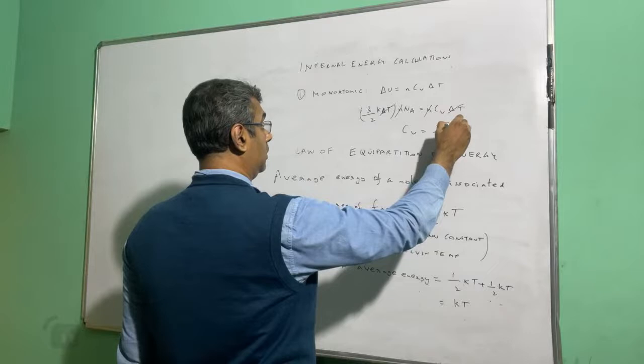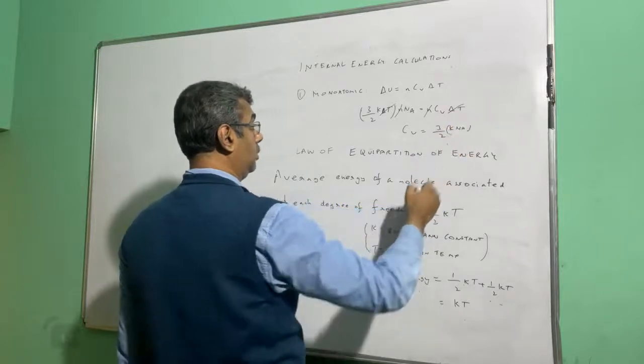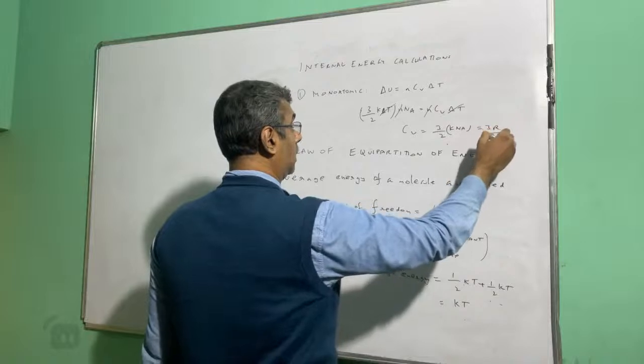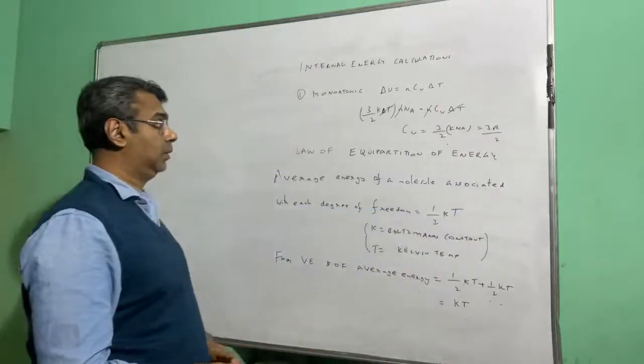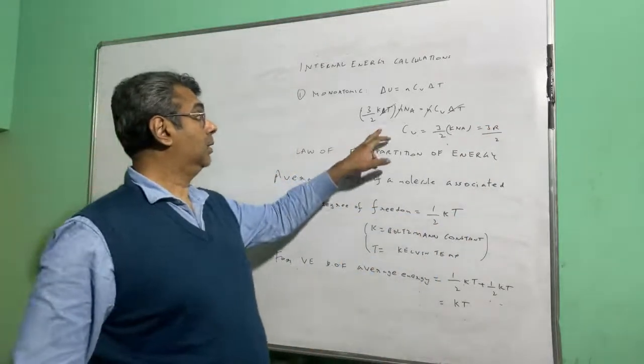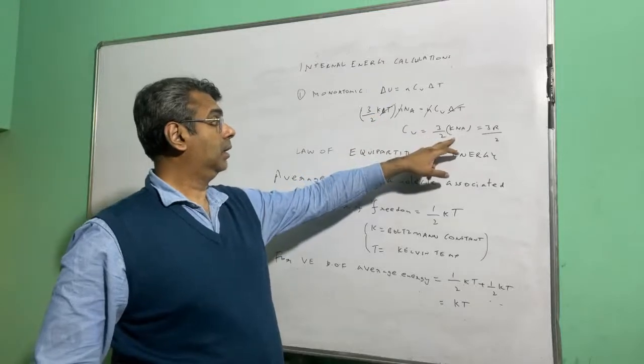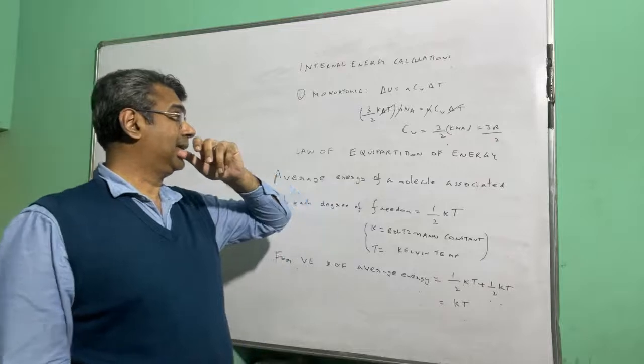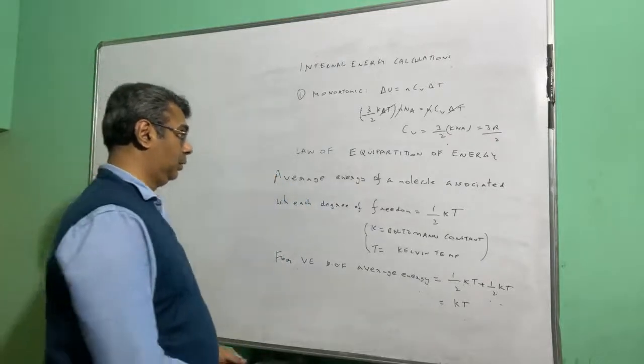So 3 by 2 into k into Avogadro. So this is 3R by 2. So 3 by 2 into k into Na is Cv. So k into Avogadro is R. So Cv will be 3R by 2.